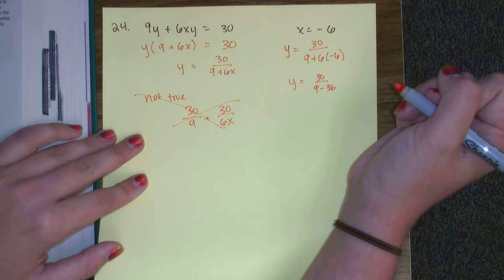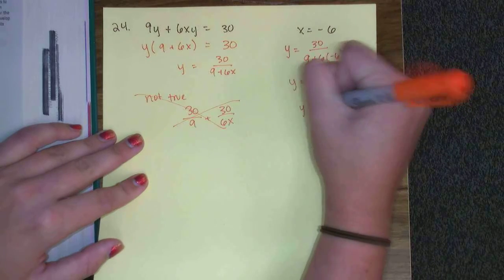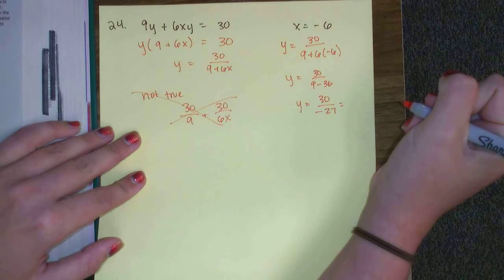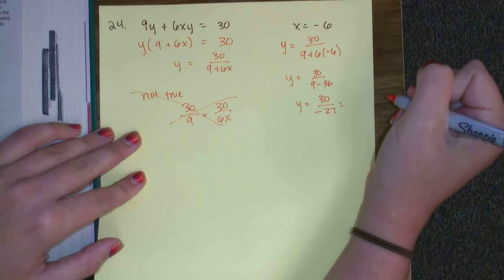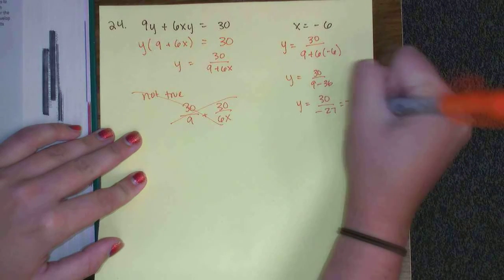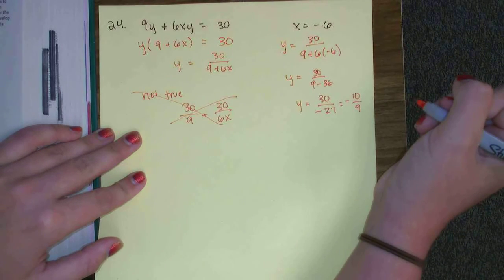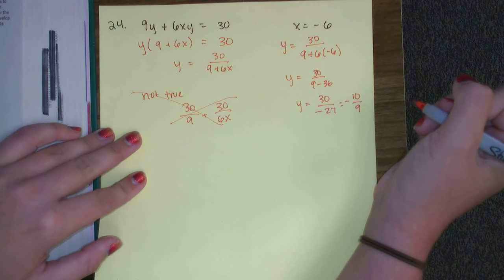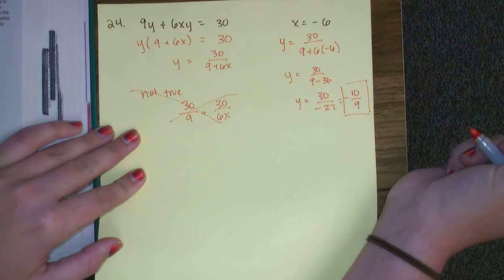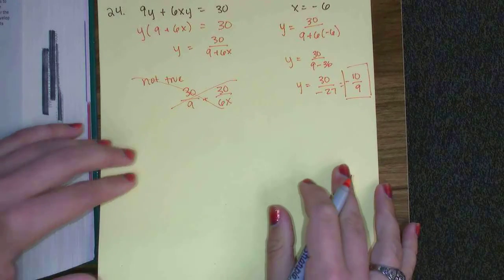Wouldn't it be 27? 30 over negative 27, and we need to reduce that. Negative 10 over 9. Okay, I pull 3 out of the top, giving me 10. Pull 3 out of the bottom, giving me 9. And I got to keep that negative sign. So it's there. Okay?